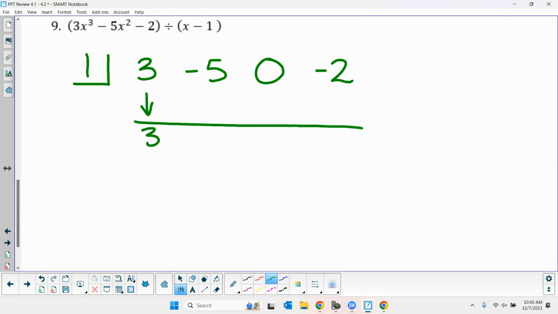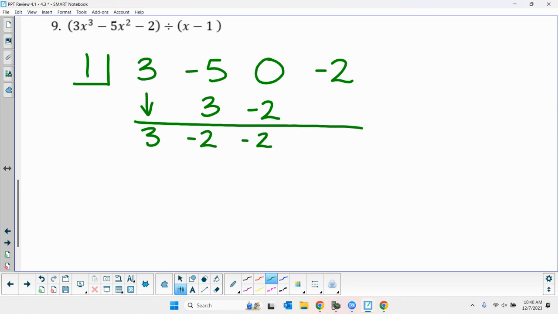Now all I do is multiply 1 times 3 and put that answer right under that negative 5. Now I add negative 5 and 3, which is negative 2. Then 1 times negative 2 is negative 2, and I add 0 plus negative 2 and get negative 2 again.